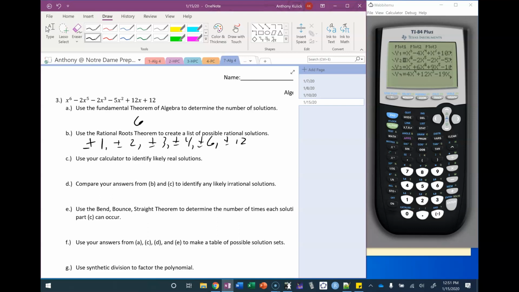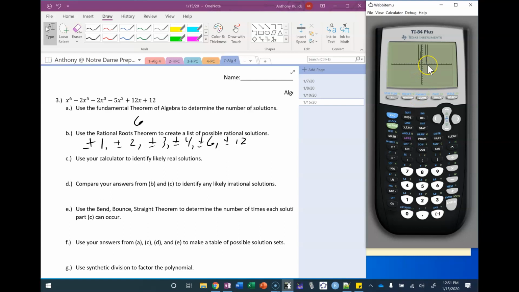Okay. Let's take a look, fire up our calculator here. So I'm going to graph this from negative 12 to positive 12. Again, those are my biggest and smallest ones for my list. Okay. So I think I can see what's going on, but I can't really tell if those are touching or not. So I'm going to zoom in a little bit more.